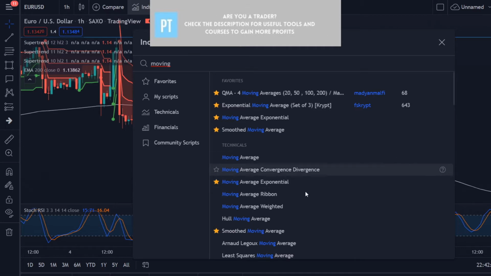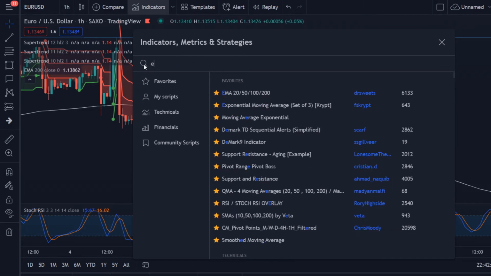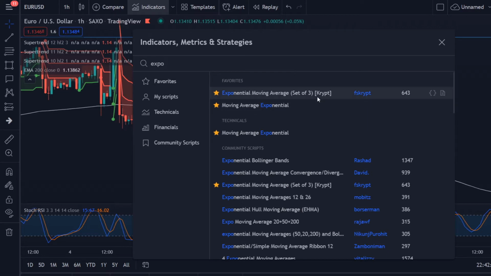It's up to you, but for this trading strategy I'm using the simple indicator, not the one with 3 other indicators. Let me show you the difference. Now I'm using this one, and with the other one you will get 3 exponential moving averages, and then you need to disable the other one. So now I'm just using the moving average exponential.